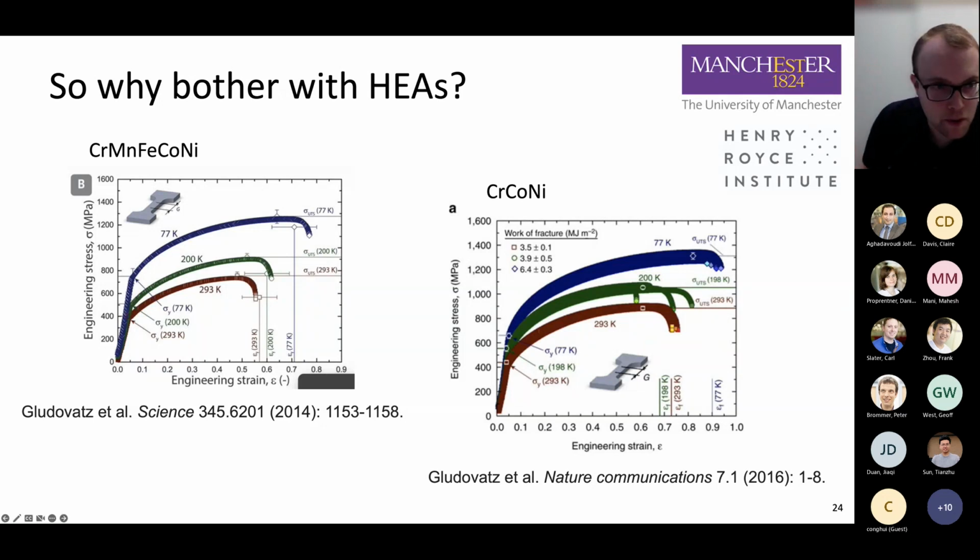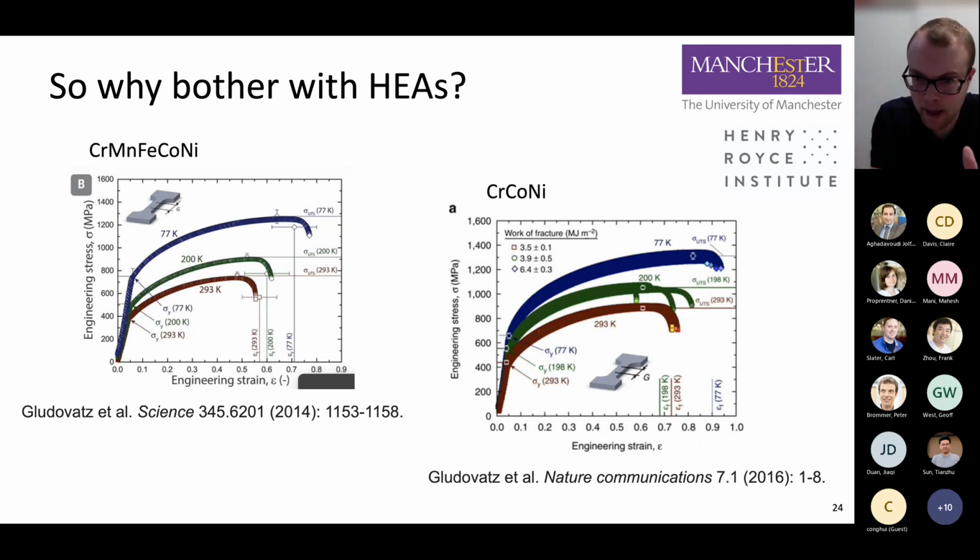In fact, if you take manganese and iron out of this system, it becomes less of a high-entropy alloy, but this is what has been derived from this work. You actually find that you get even better properties, and these are, to my knowledge, the toughest alloys, at least, that have been measured at cryogenic temperatures.